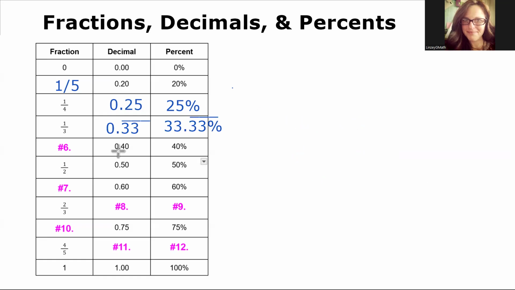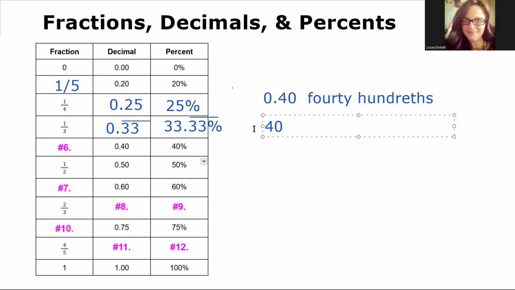Number 6, we have 0.40 as a decimal, or 40%. So 0.40 is 40 hundredths. Two numbers after the decimal. We can put 40 over 100.